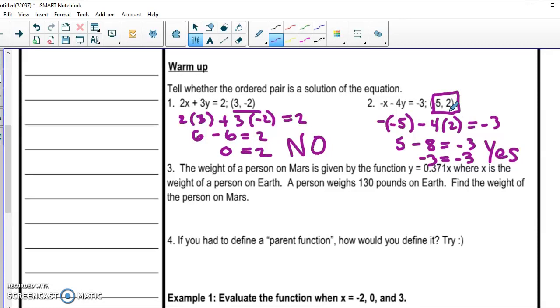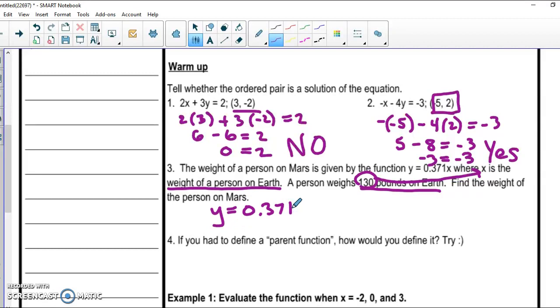All right, number 3, the weight of a person on Mars is given by the function y equals 0.371x, where x is the weight of a person on Earth. So if a person weighs 130 pounds on Earth, I can substitute this in for x because x is my weight on Earth. And we're going to use that to find the weight of a person on Mars.